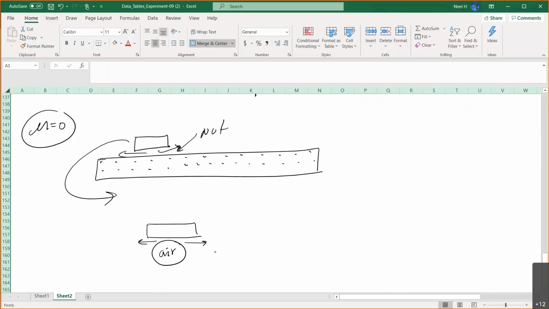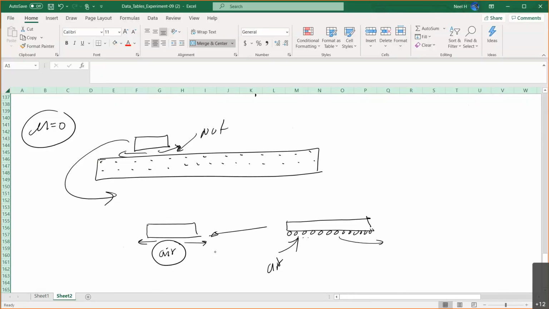So what is happening is that since the air is rapidly moving along that surface, if you look carefully at the very bottom of the cart surface, the air molecules are very attached to the cart surface, right? Other molecules are not that much attached.